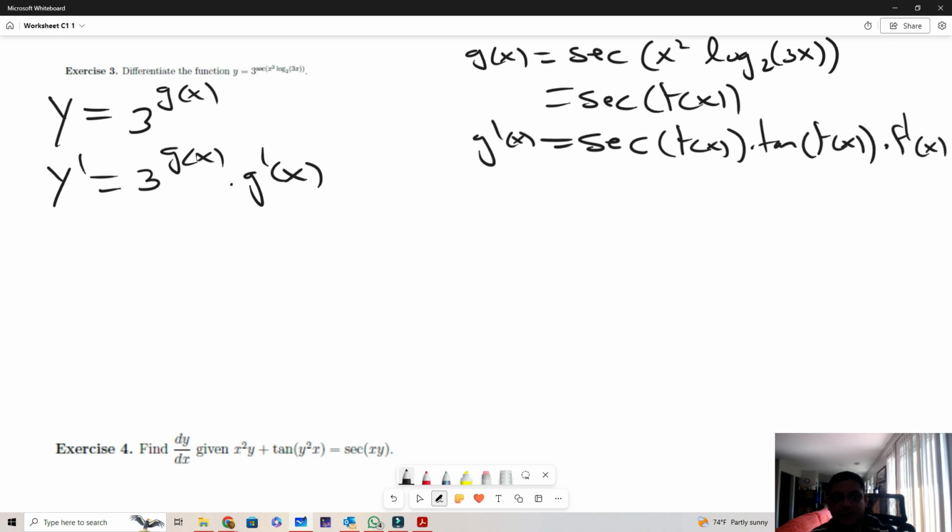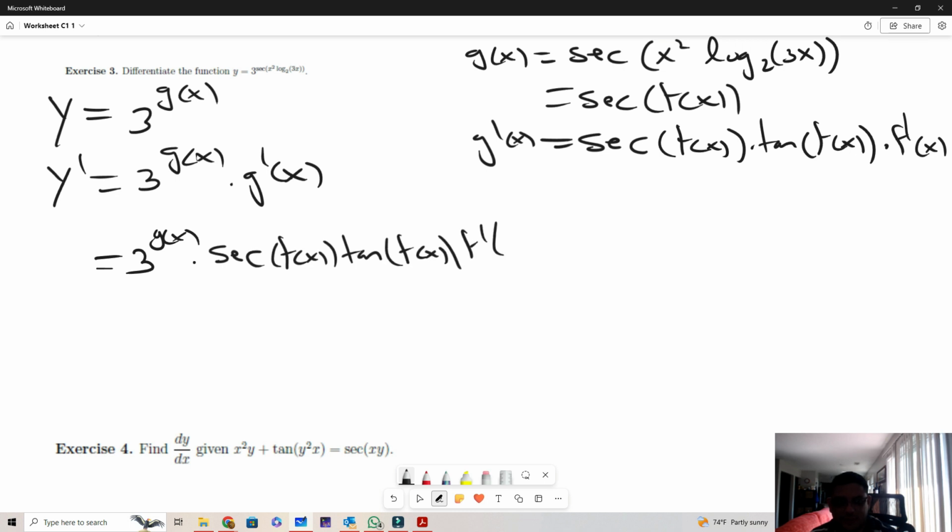So the derivative of secant is secant by tangent, and because we multiply by the inside function, then by f prime of x. So this ends up being 3 to the g of x, and then I'm going to be multiplying here by secant of f of x, tangent of f of x, and then f prime of x.